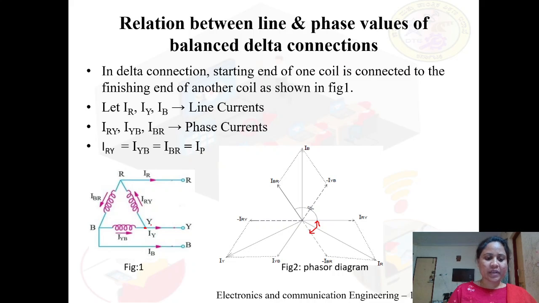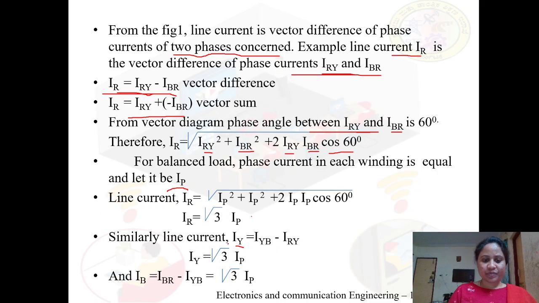I repeat, at this line Y, the line current IY is equal to IYB minus IRY. Accordingly, we will follow the same procedure and get the line current through the line Y as root 3 times IP.